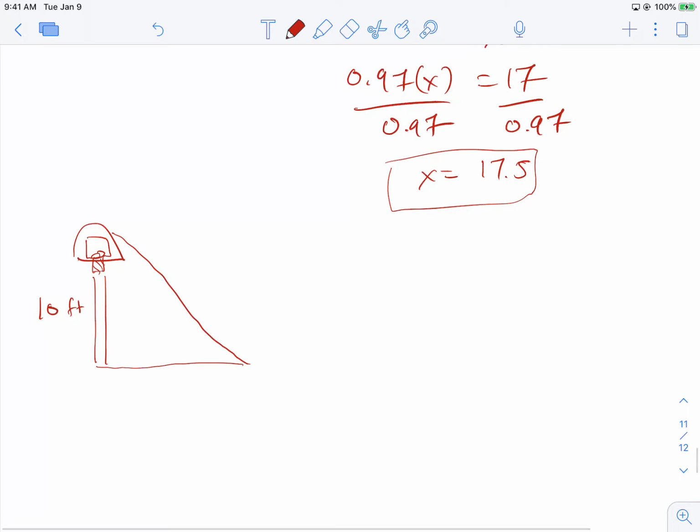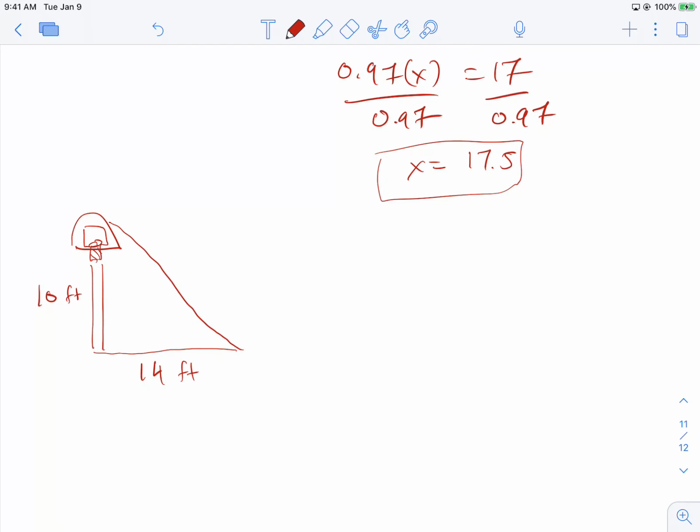So here is my shadow, and let's say the shadow is very long because it's late in the day. My shadow is 14 feet long. I want to figure out what is the angle that the sun makes with the ground. So if you think about that, we need to figure out what is this angle in here in order to make that happen.